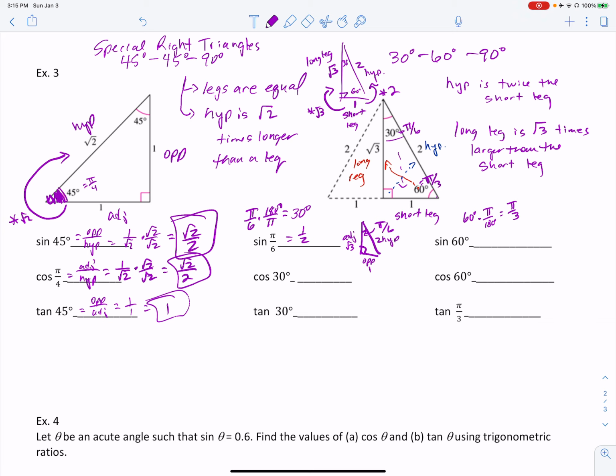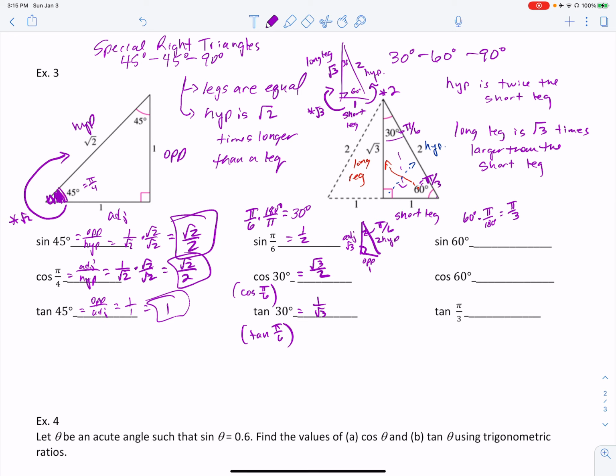Cosine of 30 degrees, which is the same as cosine of pi over 6, because it is a 30-degree reference. Cosine is adjacent over hypotenuse, so it's going to be root 3 over 2. While tangent of 30 degrees, again the same as tangent of pi over 6, is opposite over adjacent, which is 1 over root 3.